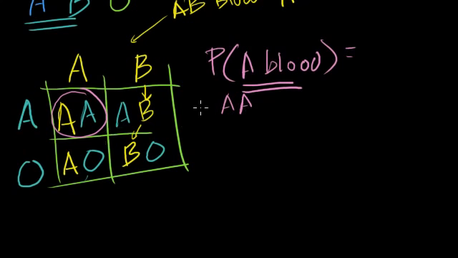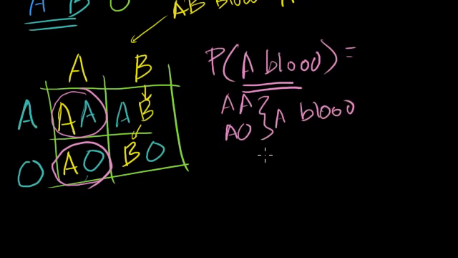But you also have an A blood type phenotype if you have an A and then an O. O is recessive, so AO, these are both A blood. So there's a 50% chance, because 2 of the 4 combinations show us an A blood type.